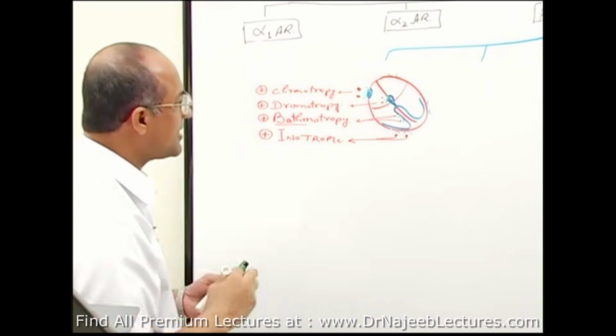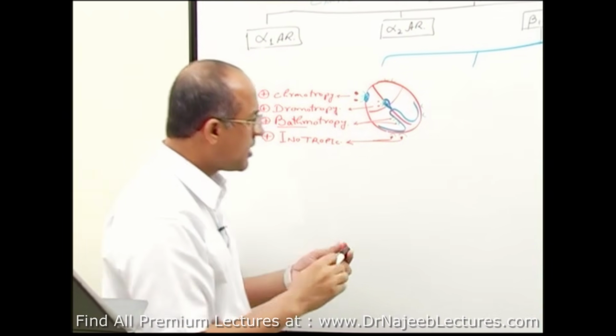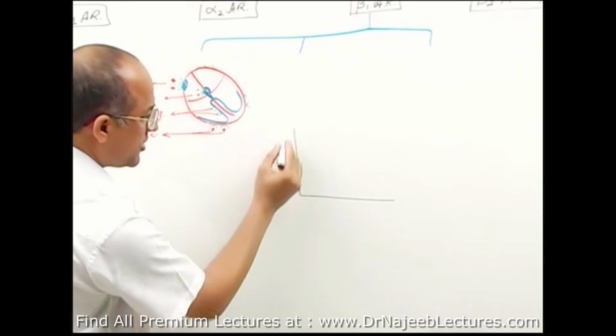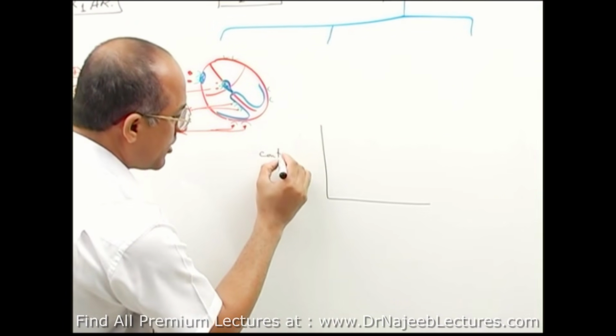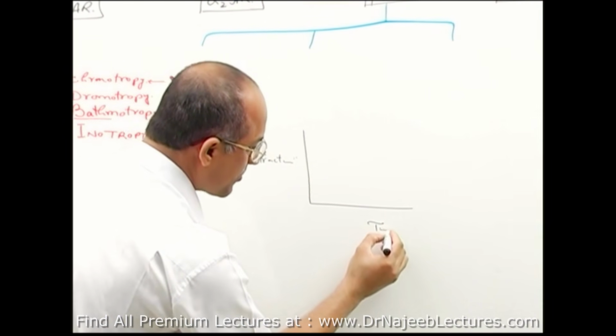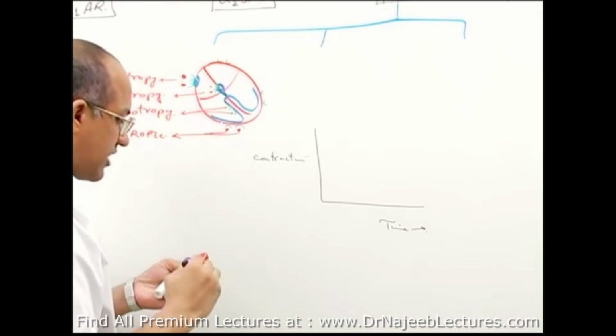Now I think there is something here I need to explain more clearly. Let's suppose on this axis there is contraction, and on this axis is time.